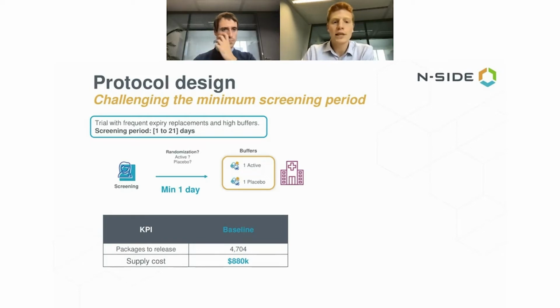So just to give a little bit of context, we are in a classic trial where the patient comes at site, gets the screening visit, and the patient can be randomized 1 day after the screening visit to get either active or placebo at site. Of course, in 1 day, we cannot ship anything on site.